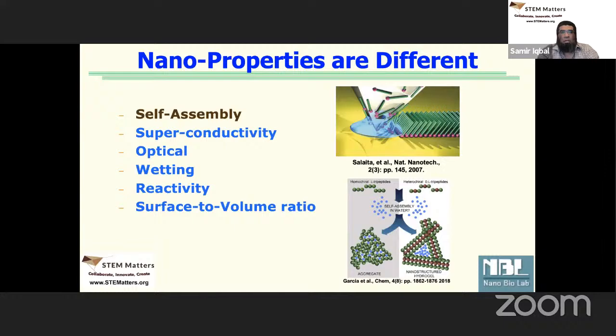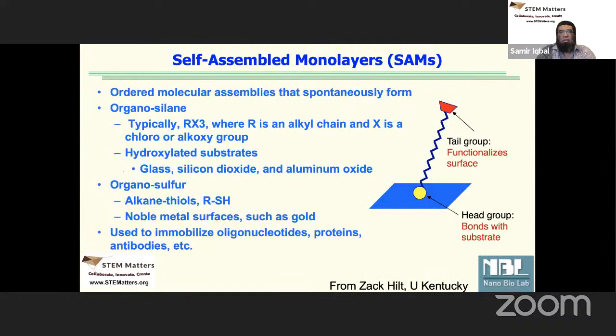How does self-assembly work? We design these molecules in a way that we make one end a tail group, shown in red, that binds to the functionalized surface.